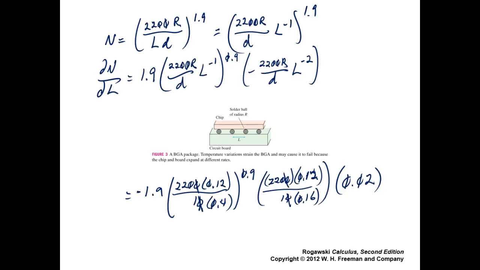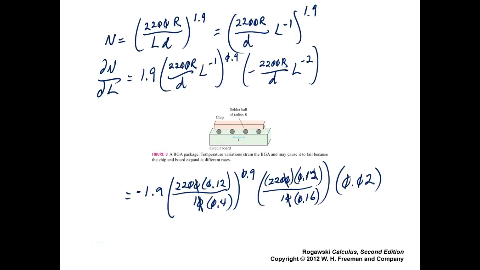Multiply that by negative 1.9 by 220 times 0.12 divided by 0.16 and multiplied by 0.02. See what you get. It's a lot of mess, okay? Negative 272 cycles, okay?